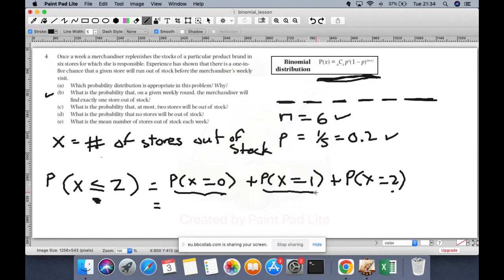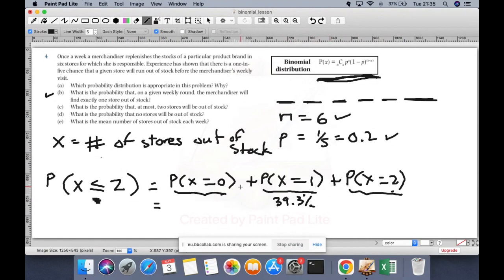Now, we did this one earlier. This was 39, I believe 39.3%. So you need to work out these two, just like how we did in the previous example.